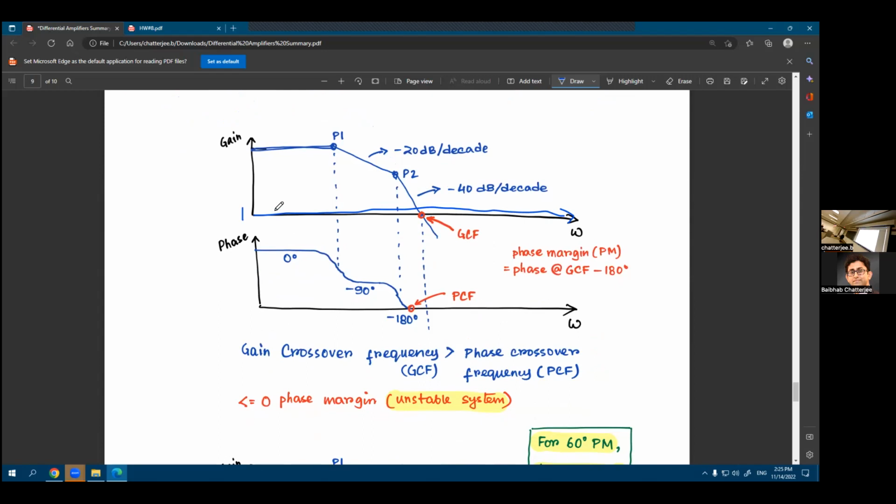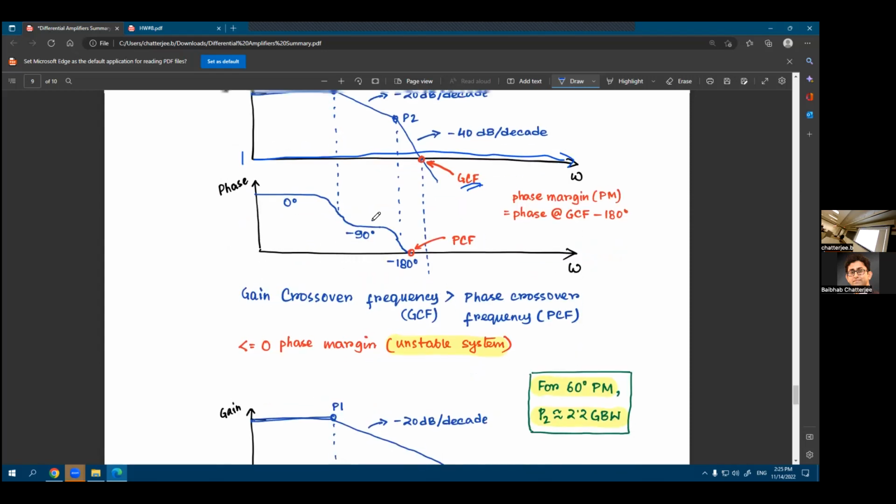Why is 1 equivalent to 0 dB? Because 20 log 10 of 1 is 0. Right? So in terms of dB scale, this is 0 dB, or in terms of non-dB scale, it's just gain equal to 1. So the point where it crosses that gain equal to 1 or 0 dB is called the gain crossover frequency, or GCF.